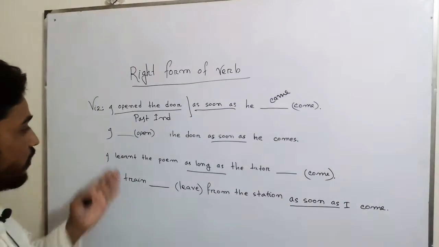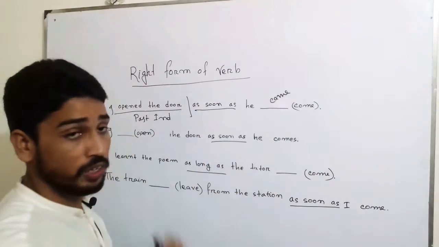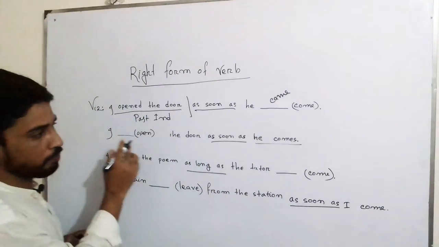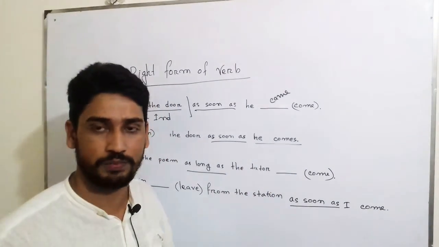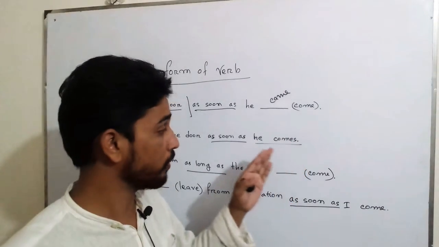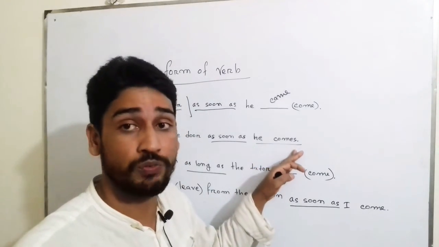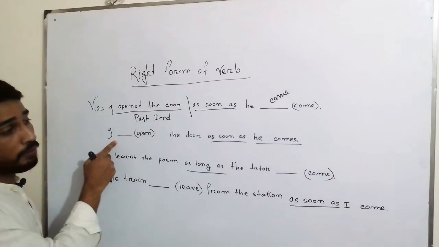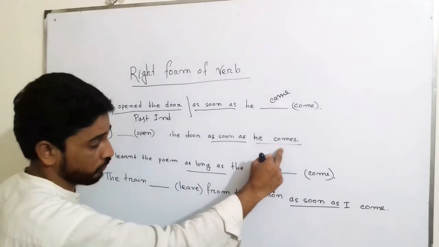So next, look at another widget: I opened the door as soon as he comes. Here we can see he comes. We have to correct the other part, but in this part we can see he comes. He comes is present indefinite tense, because the subject is third person, so we use s or es with the verb in present indefinite tense. The previous part will be future perfect, because this part is present indefinite.